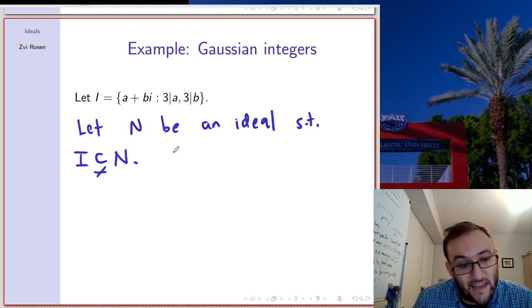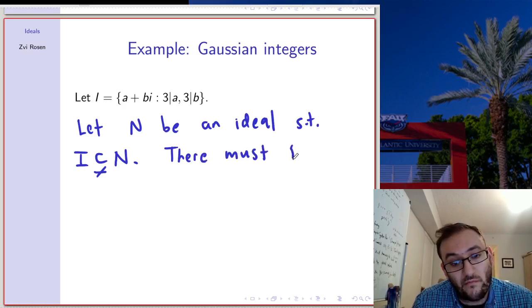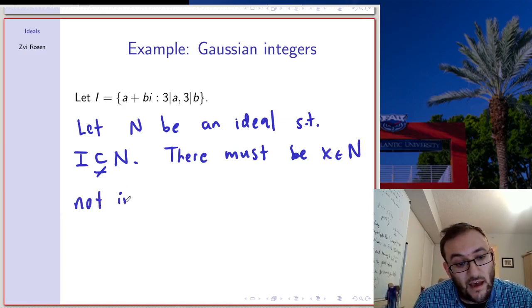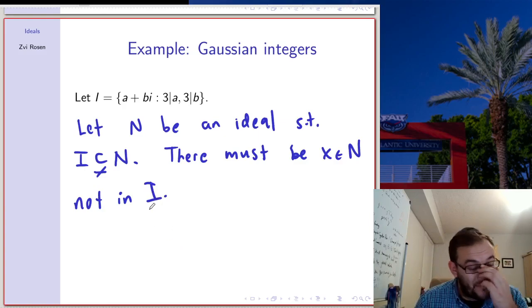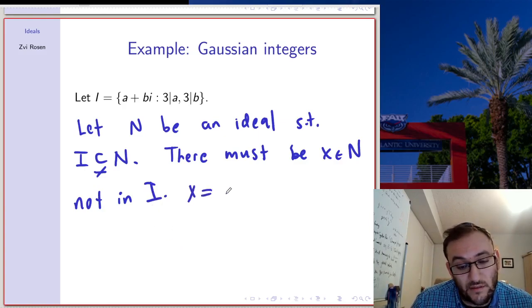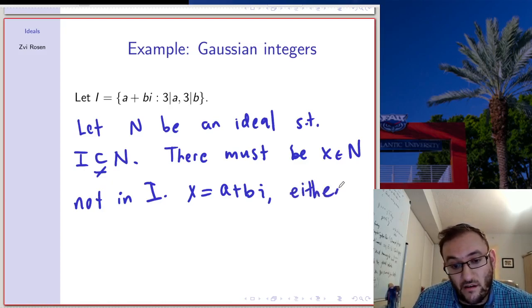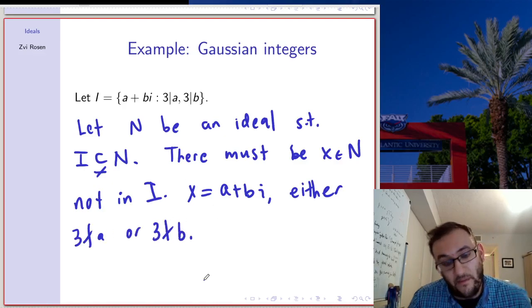That means there must be x in n, not in I. So x equals a plus bi, where one of those must not be a multiple of 3. Either 3 doesn't divide a, or 3 doesn't divide b.